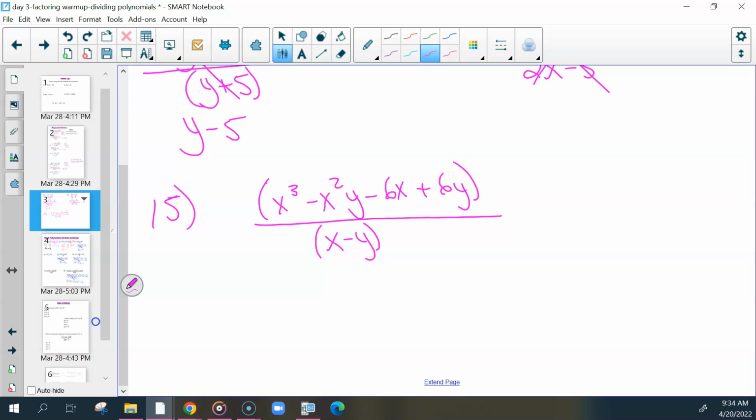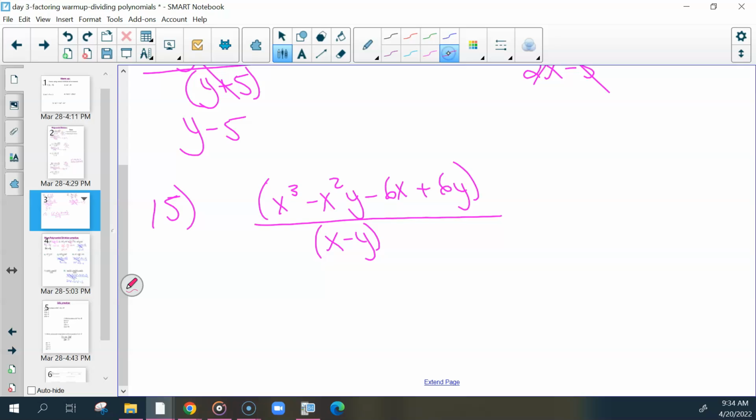One would be the GCF of all of them, but if we have 4 terms, what type of factoring can we do? Grouping.